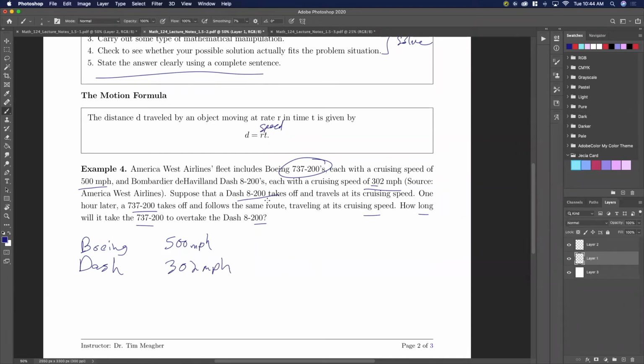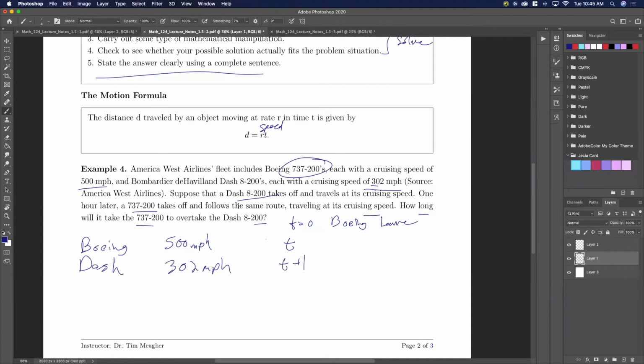So the Dash takes off and then the Boeing comes an hour later, right? So if we're going to go in time, let's say time t equals 0 is when the Boeing leaves. So the time for the Boeing will be t, and then the time for the Dash will be t plus 1.